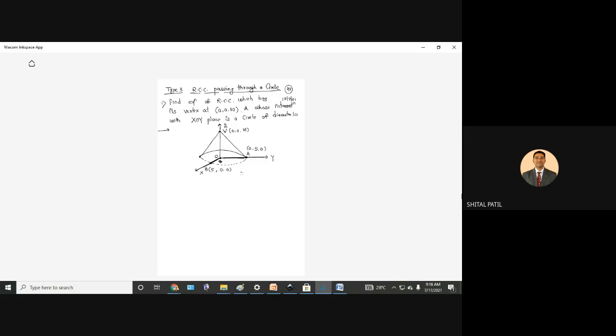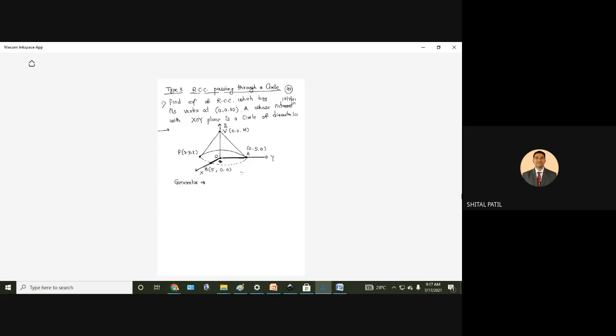Let me consider one more general point on the surface of the cone, say P(x, y, z). Now I have different generators. What is a generator? The line from the vertex to any point on the cone is a generator. The origin is not a point on the cone; it is at the center of the cone.